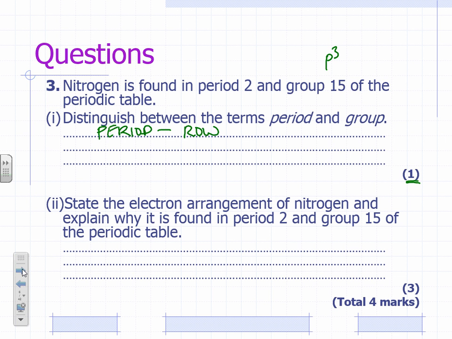If you're unsure that you've answered the question fully, you can add, or you could say the shell number. The group is the number of outer shell electrons.